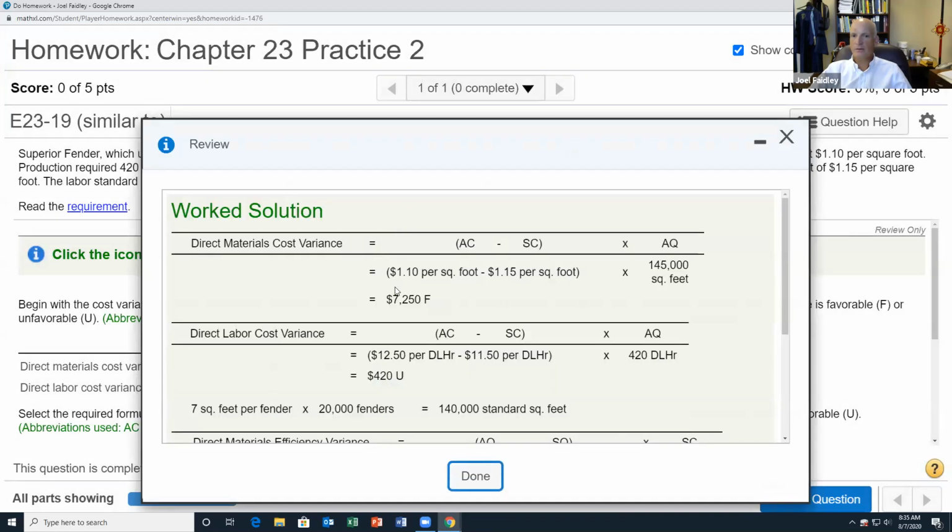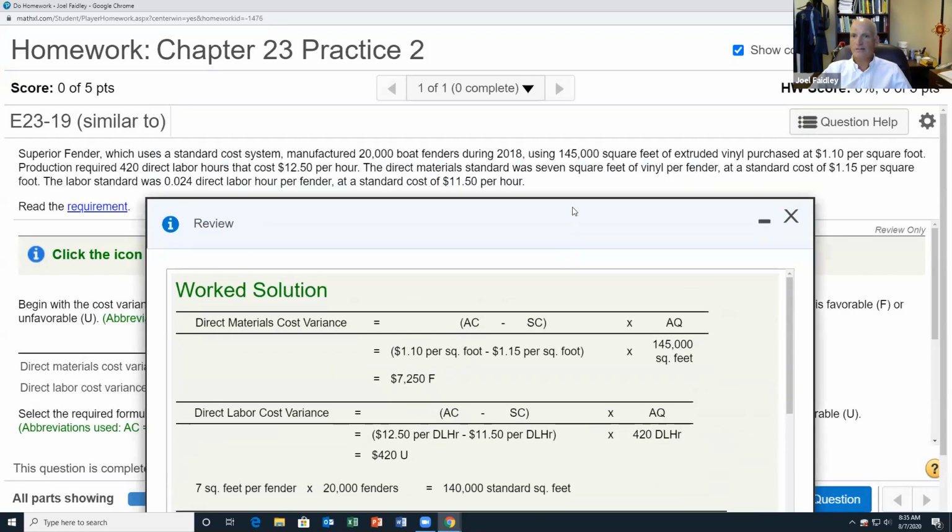All right, there's the solution. So there we've got $1.10 per square foot minus $1.15 per square foot times 145,000 square feet, because that's the actual square feet used. They manufactured 20,000.